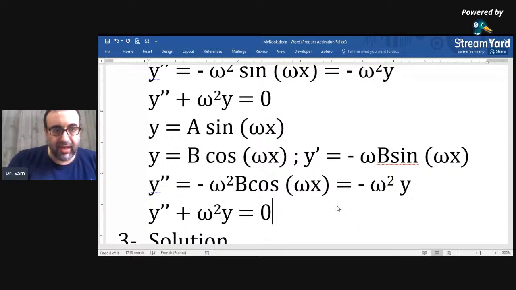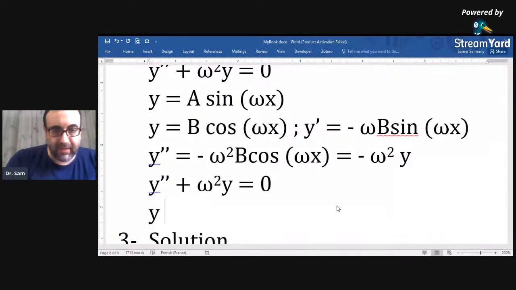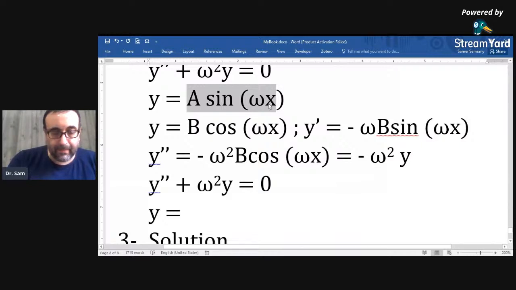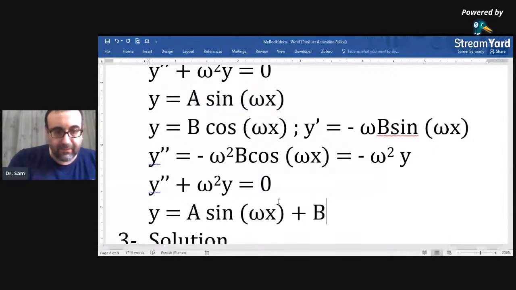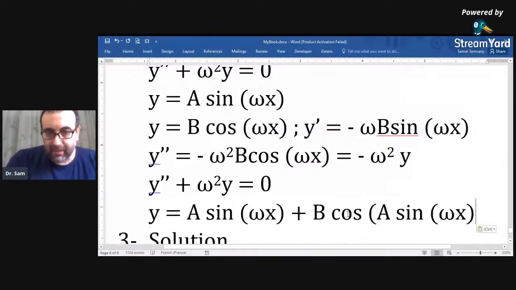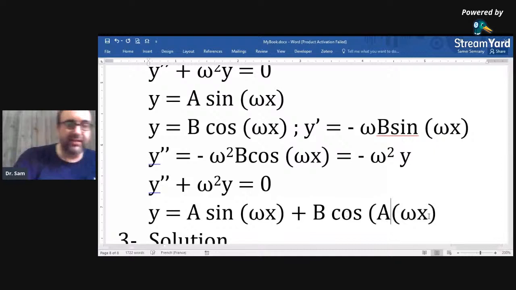So in general, I can see that y can be written as the combination of these two solutions, a sine omega x plus b cosine omega x. So that is the general solution for this equation.